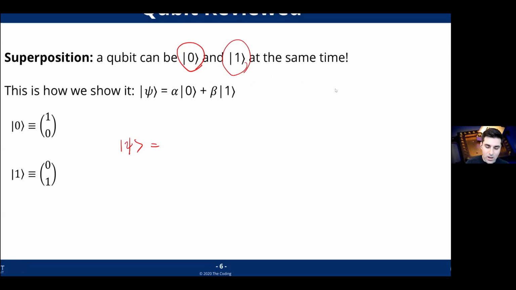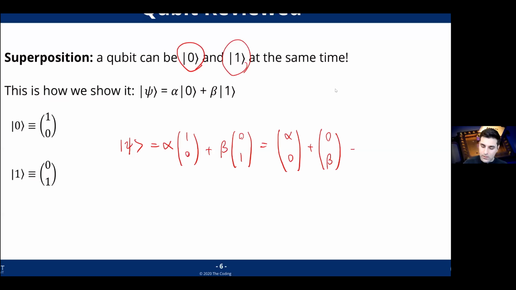So again, we said that psi is alpha times the 0 state, which is (1, 0), plus beta times the 1 state. And the 1 state can be represented with the vector (0, 1). And of course, this will give me alpha on top, 0 on the bottom, plus 0 on top, beta on the bottom. And I can just simply add these like you add any vectors, and you end up with alpha on the top, beta on the bottom.